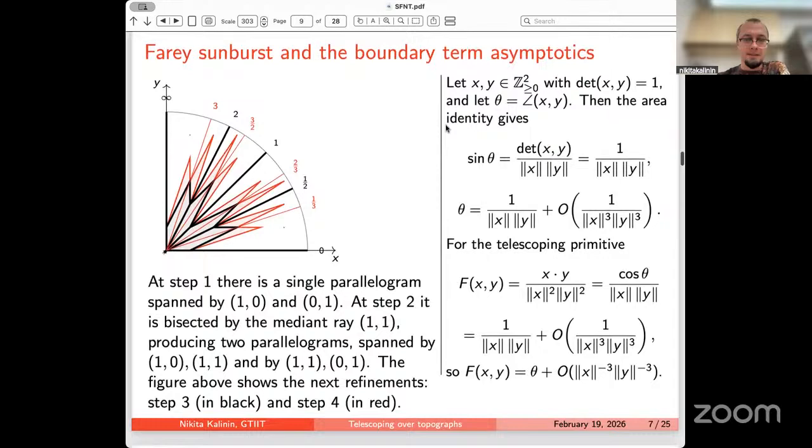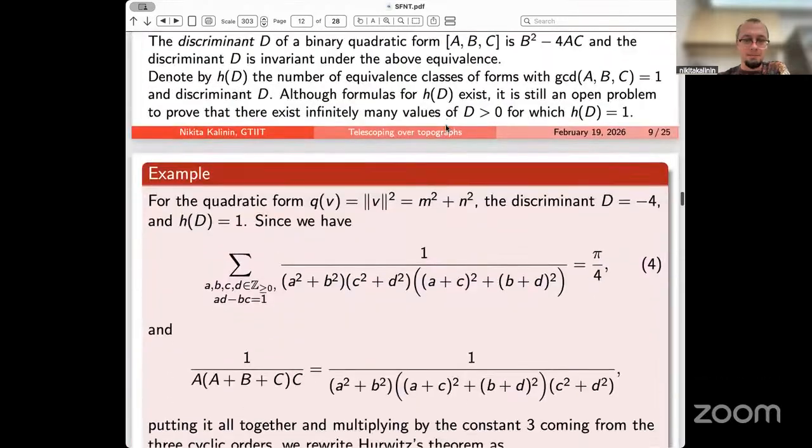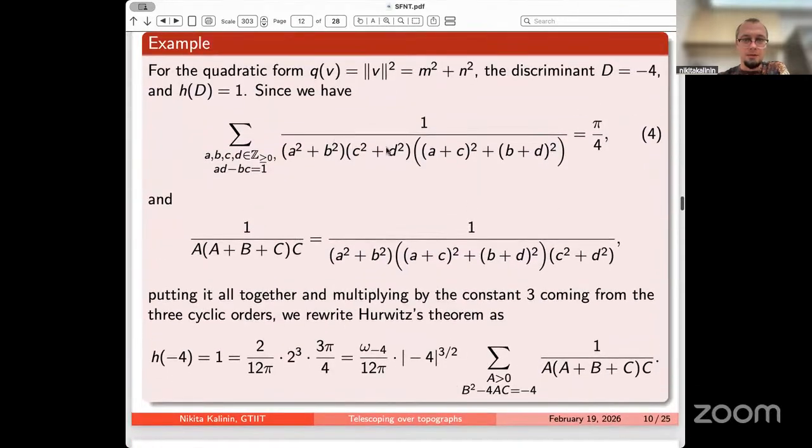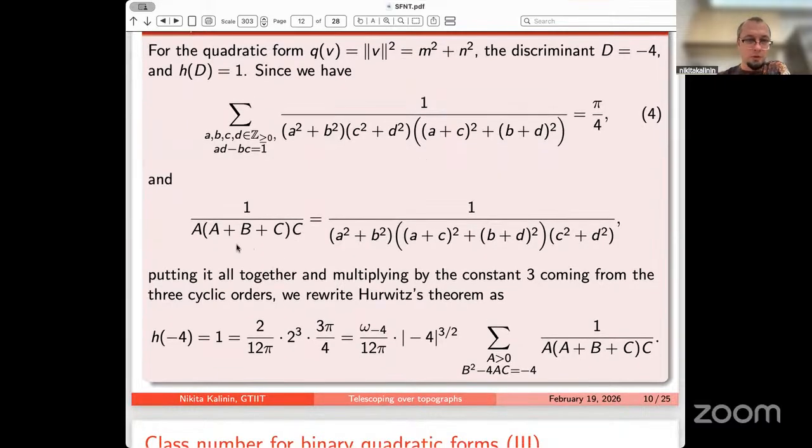And that's exactly the same set as here. Okay, so we know that this is just pi over 4. Then you look at the formula from the Hurwitz theorem. This formula has big A plus B plus C, and big C. And then you put it all together, and you have the following expression. So here that's the class number, which is 1. And here you have this, and this, and this.